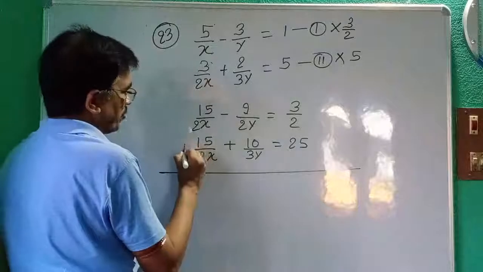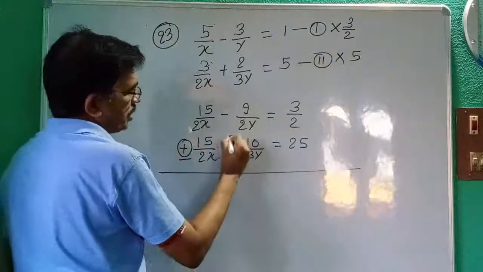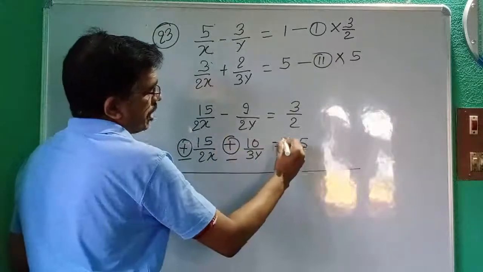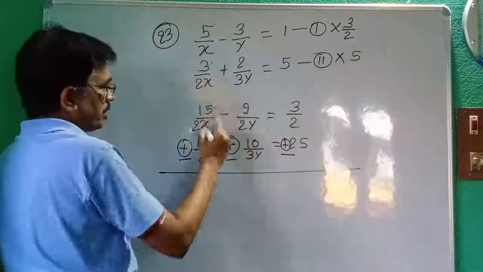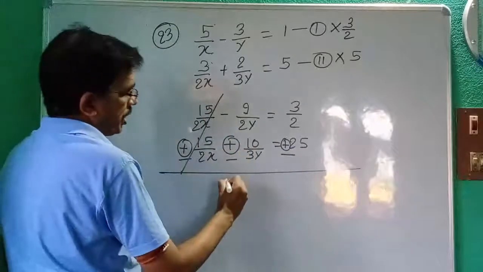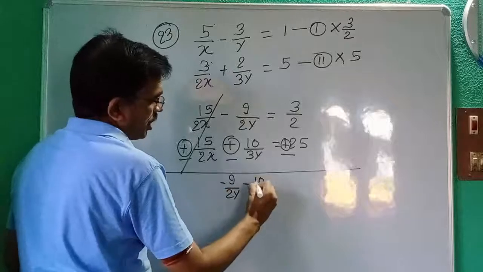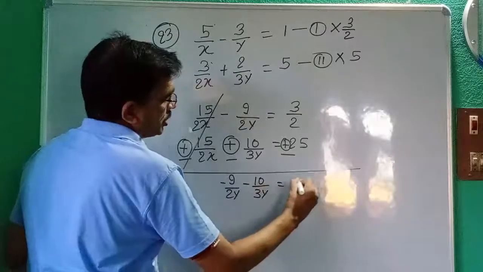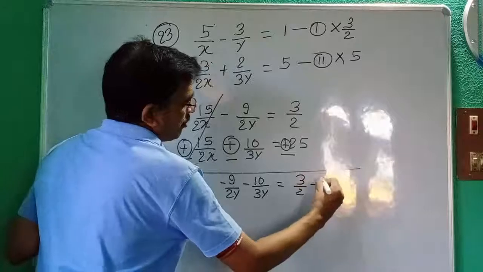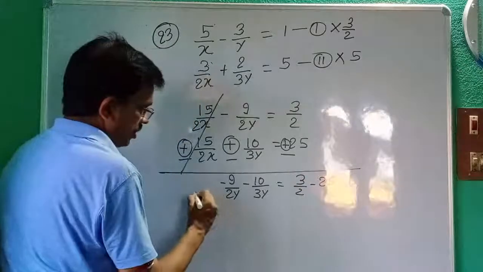Now here is plus, then write minus, here is plus, then minus. Both are the same, so we eliminate it. Here write minus 9 by 2y minus 10 by 3y is equal to 3 by 2 minus 25.